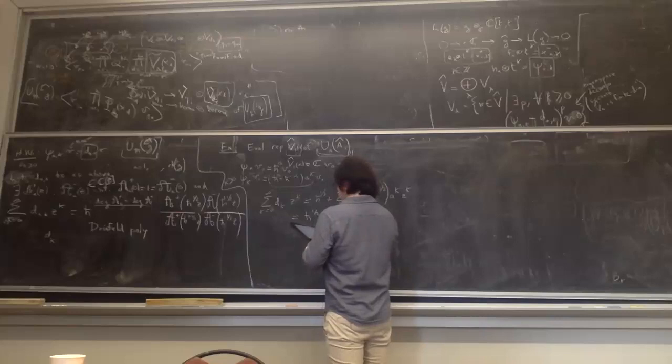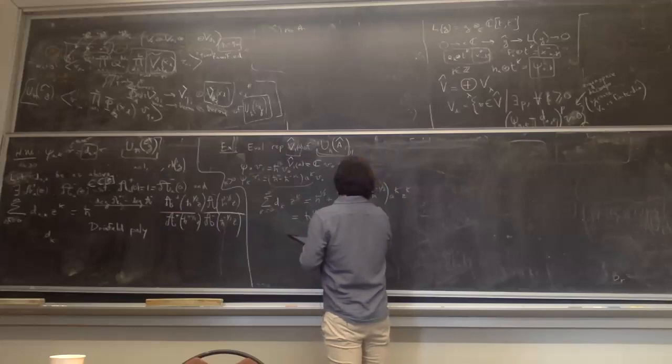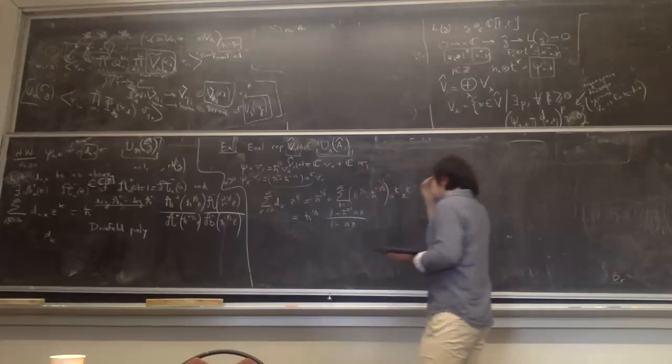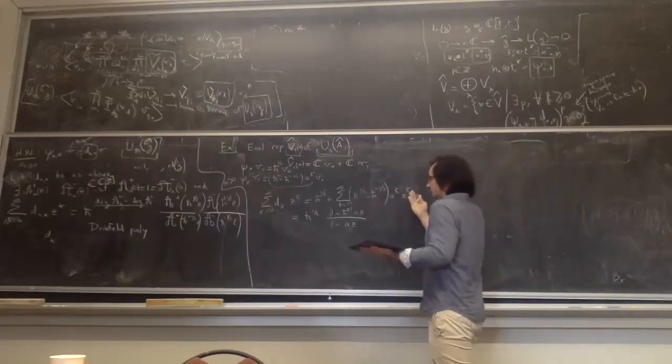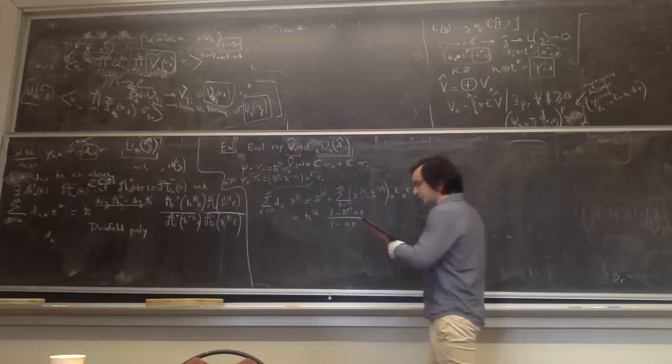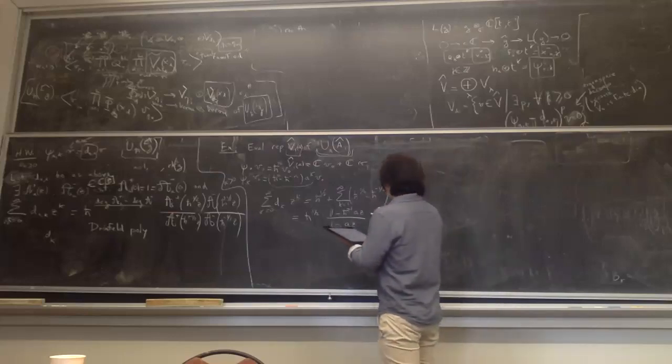1 minus h bar to the minus 1 a z over 1 minus a z. Okay, yes, it's a geometric series, so what else? But the fantastic part is that it always takes this form.